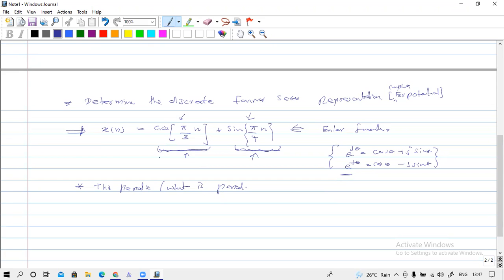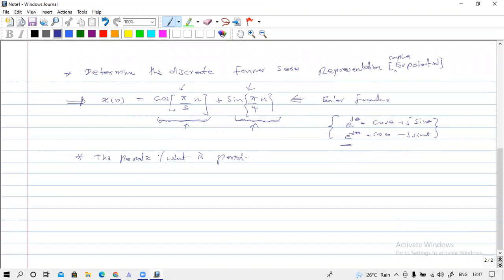I hope you can do this, because many questions like this we have solved in the case of continuous time signals. In the case of discrete time signals it is not much different. The same procedure we have to follow. So what is that procedure?